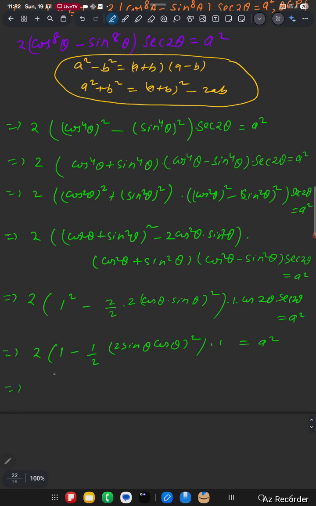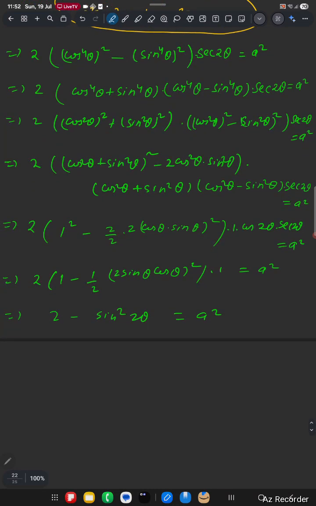When we multiply with 2, it gives you 2 minus 2 sin theta cos theta square, means sin square 2 theta, and the 2 and half get cancelled. You get a square. So in this way you are getting that a square is equal to 2 minus sin square 2 theta.